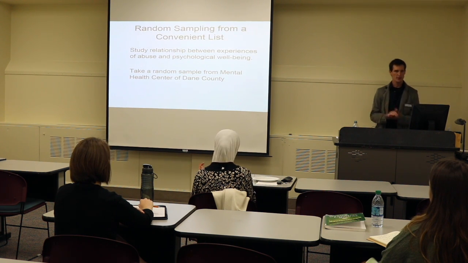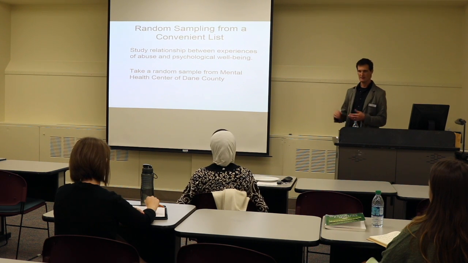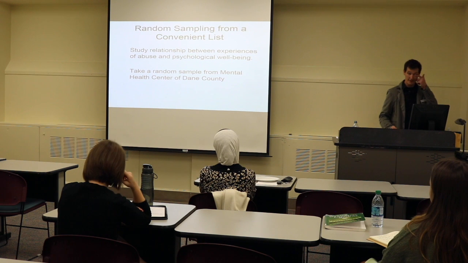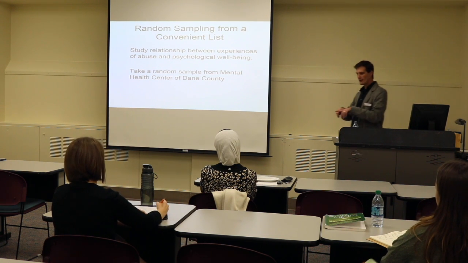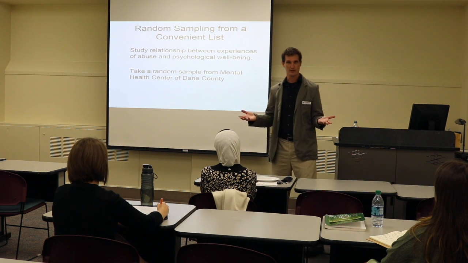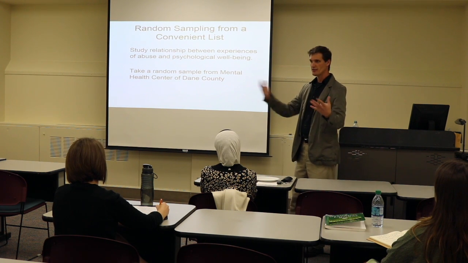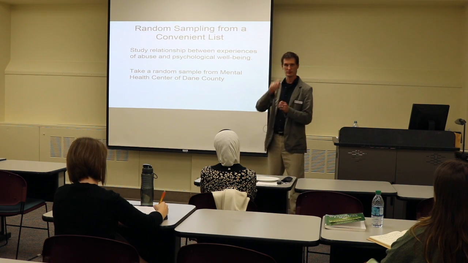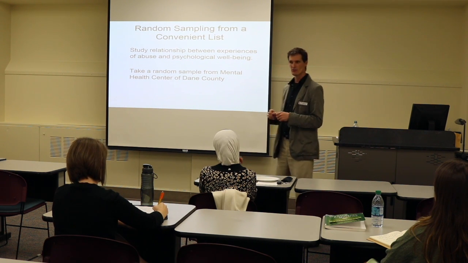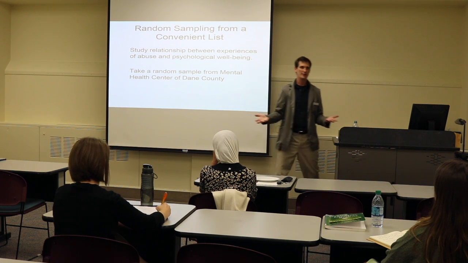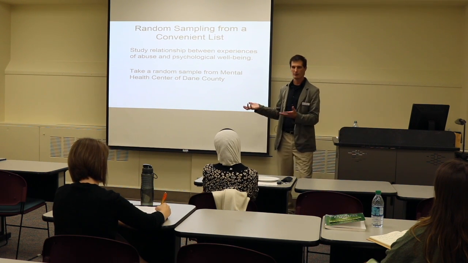Right? We can do random sampling from a convenient list, and so it kind of enters into a gray area here. If we have a convenient list of employees at a particular organization, and we just happen to have access to that organization and we've got a list of those individuals, if we randomly select the individuals from that list, does that make it a random sample, or is that still a non-probability sample?